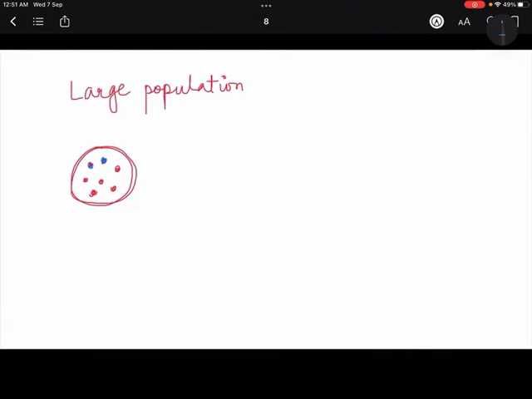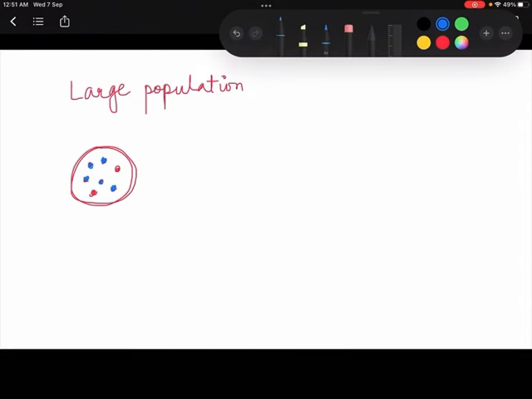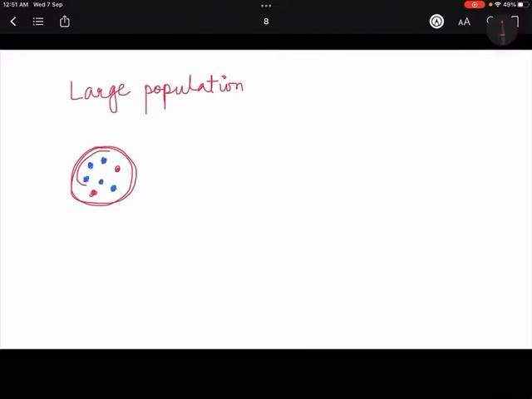This person, this person, this person, this person, and this person were having blue eye color, and the rest having black. So certain by chance they all die, just by chance they die. So only people with black eye color are left.